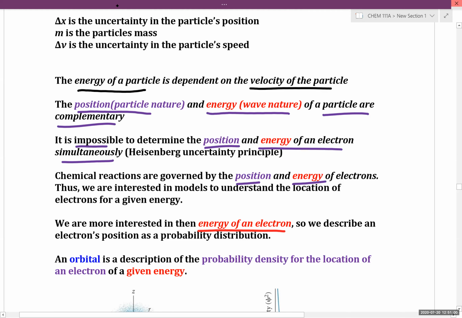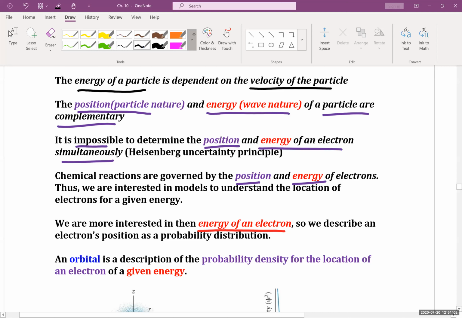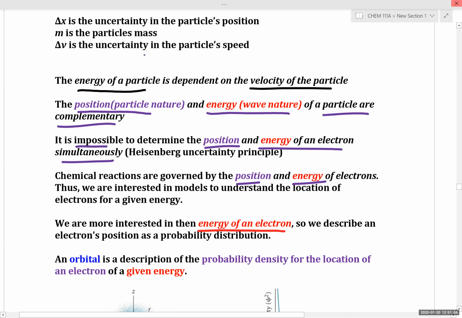So what we're going to do, and this is in essence the key takeaway from this quantum model, we can't fully determine the energy and position of an electron simultaneously.